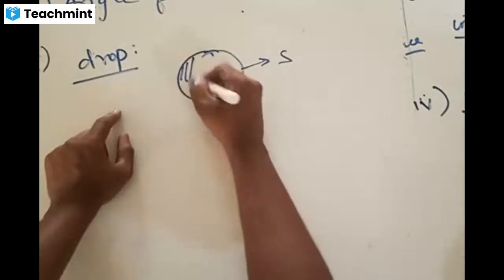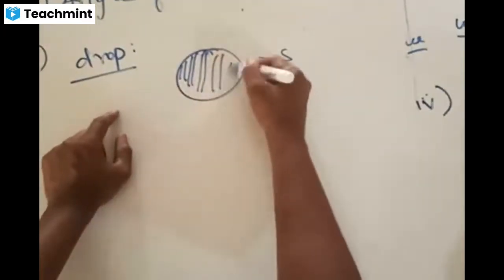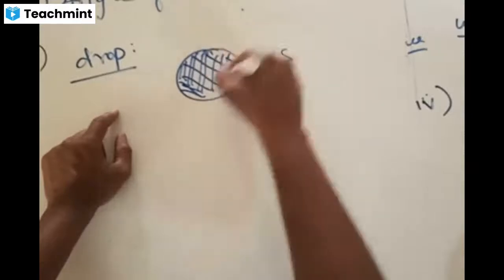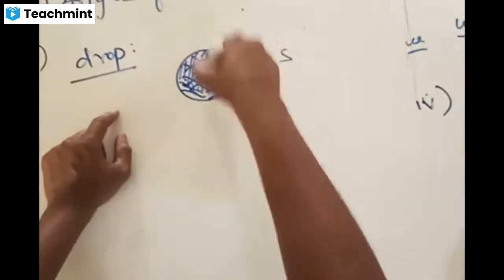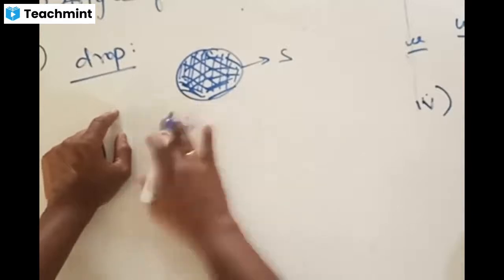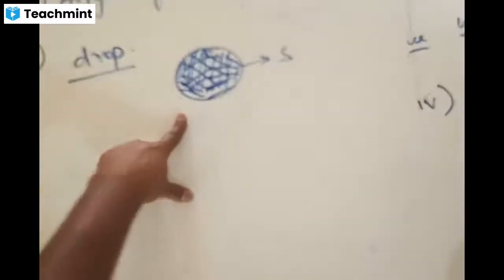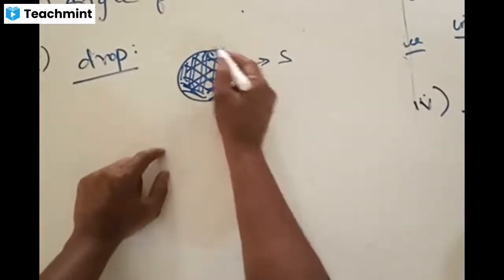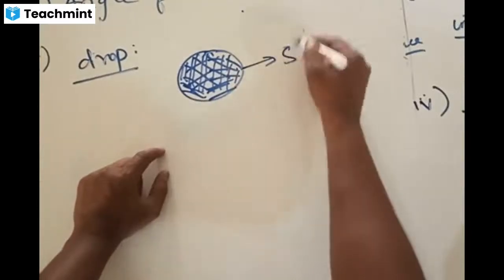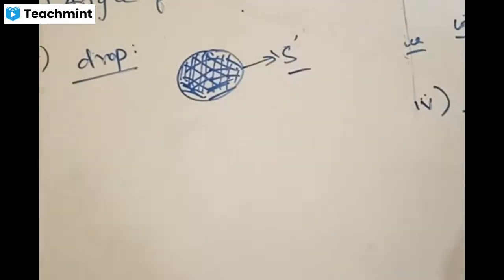Now, I take this as a drop, meaning inside this it is completely filled with liquid. Water drop, honey drop, ghee drop, any liquid drop. A liquid drop has surface energy per unit area, given by surface tension.